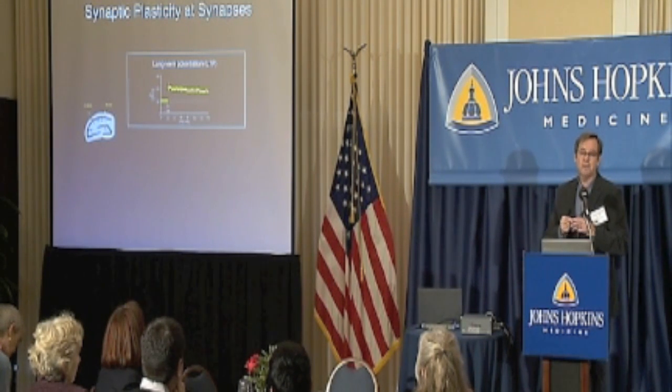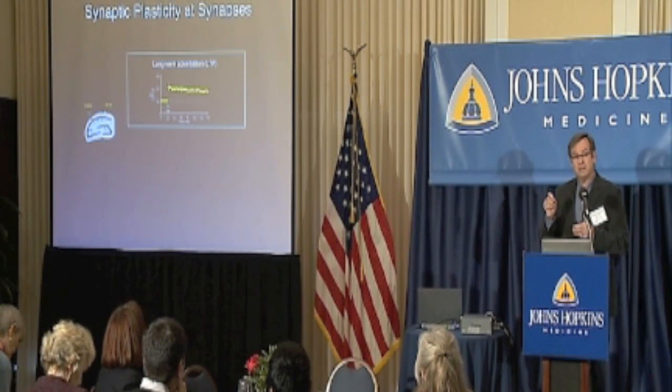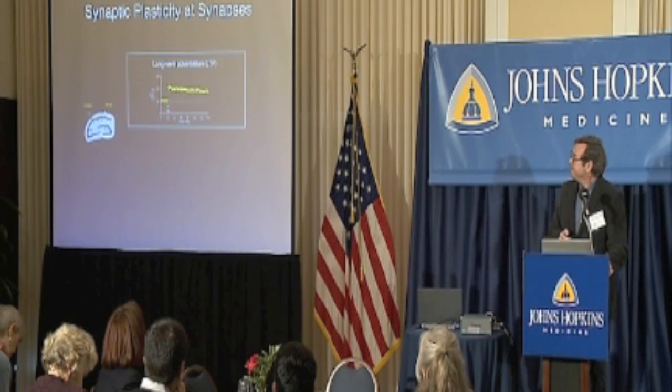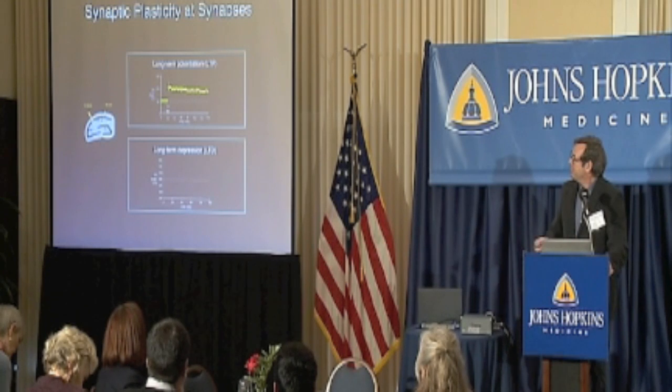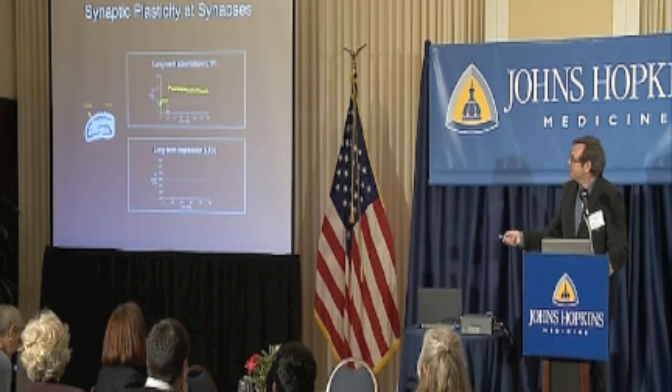So this is exactly what we as neuroscientists are looking for, something that can alter synaptic strength very quickly but can also be very long-lasting, something that can last the lifetime of a memory. Now, in the same area, there's a similar process. This is called long-term potentiation, because it potentiates synapses.